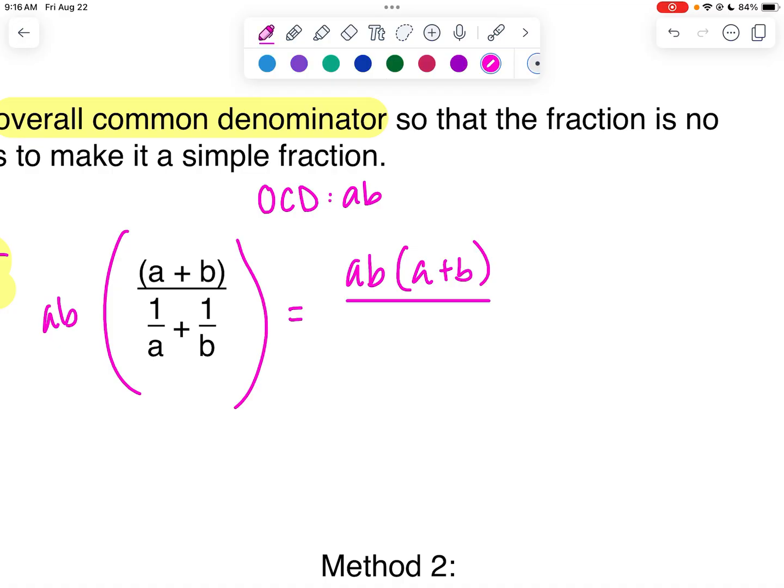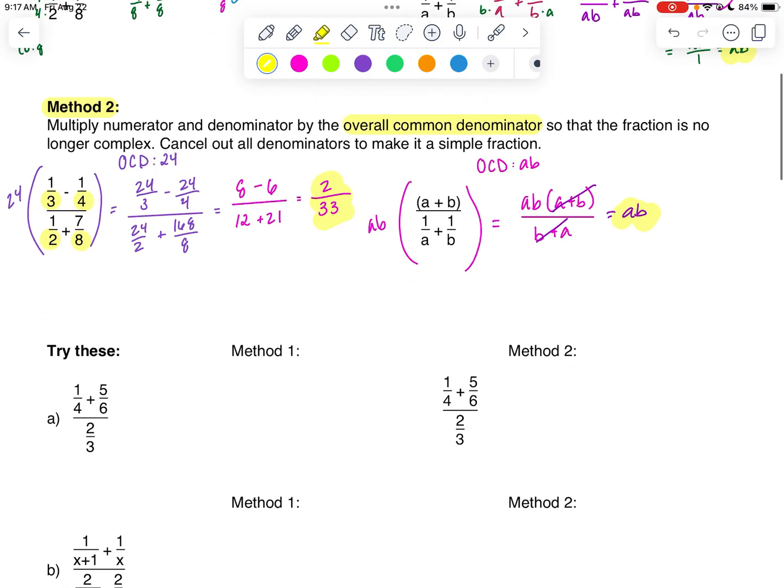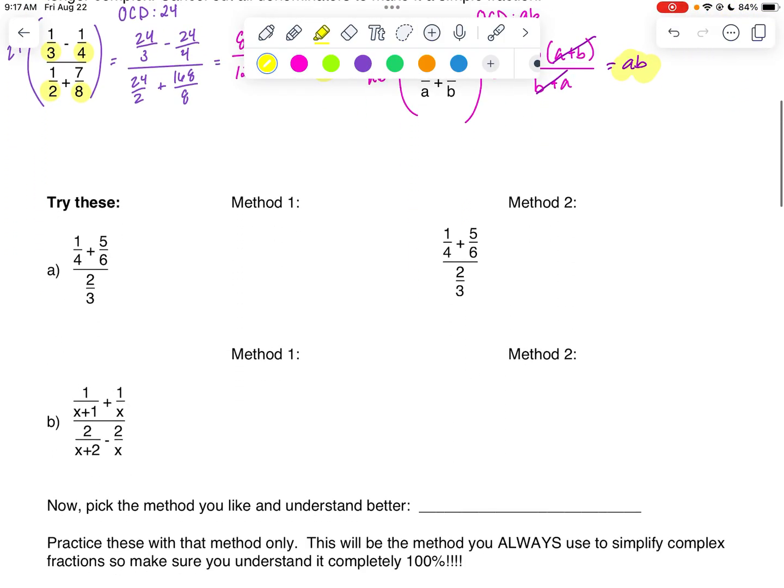So I'm just left with B. Same exact thing if I multiply AB by 1 over B, my B's cancel out and all I'm left with is A. And therefore, these guys cancel out. I'm just left with AB. Done. Okay. So I want you guys to go ahead and try these examples using both methods.